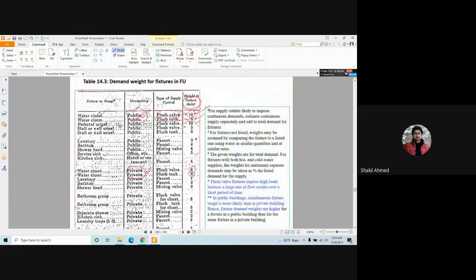A public flush valve operated flush water closet requires how many fixture units, guys?